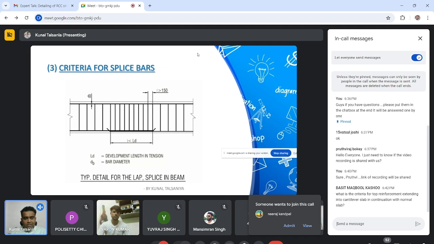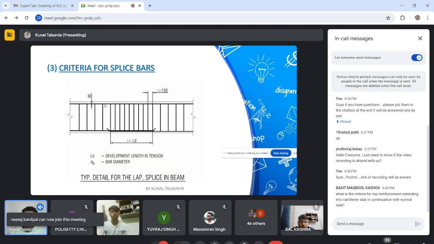The third criteria is the criteria for splicing of bar. I will show you at which location splice has to be provided, but this criteria is there. When you provide splice, the distance between two stirrups should not be greater than 150 mm.